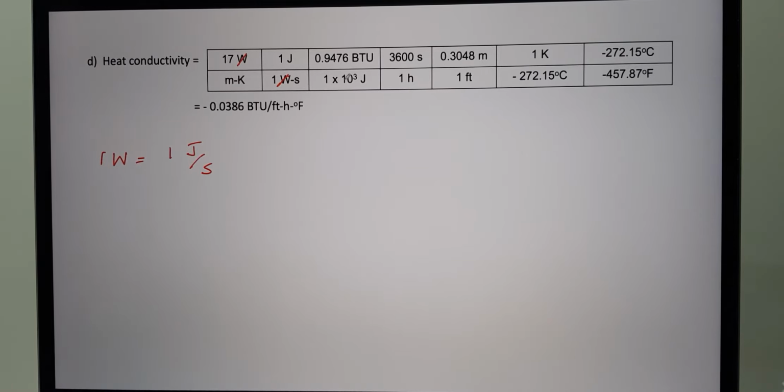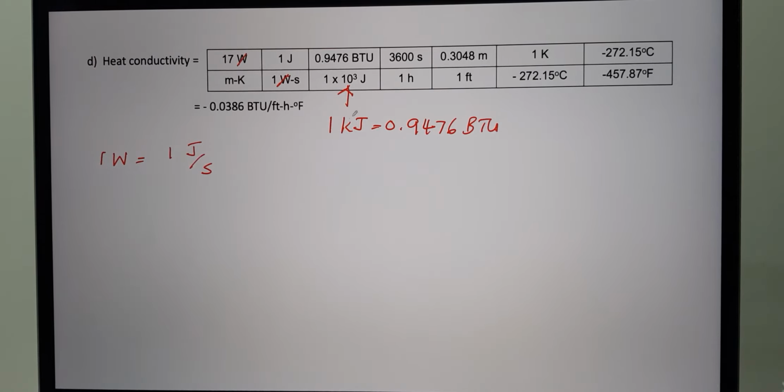Look at your conversion factor as well. Where does this come from? This is actually 1 kilojoule equals 0.9476 BTU.